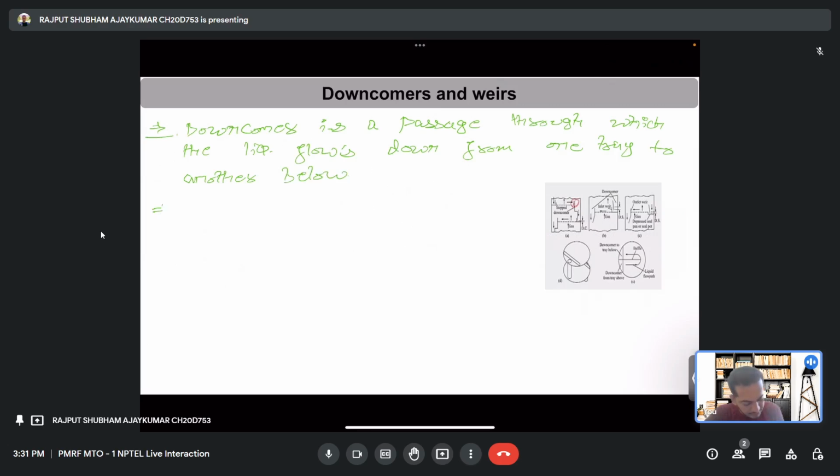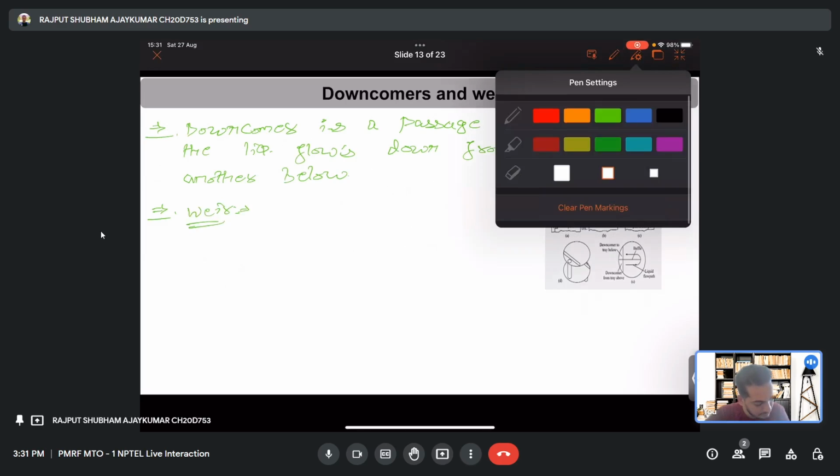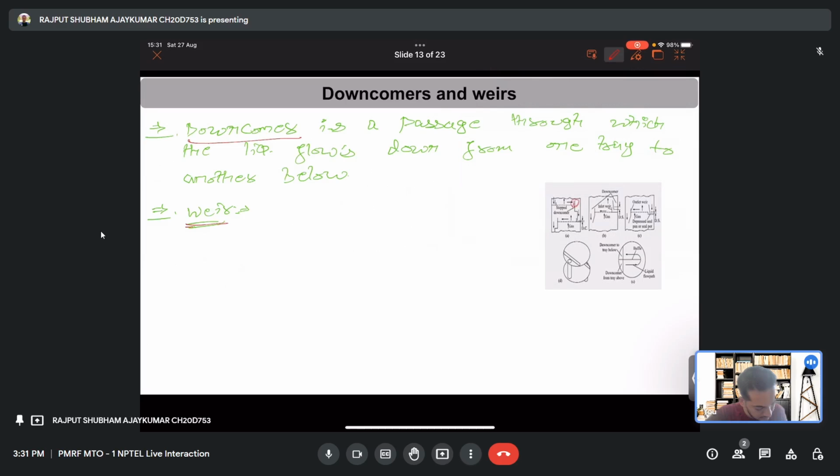And the desired depth of the gas liquid contact is maintained with the help of the weir. So weir is another term here. I'll take different colors. So this is downcomer and this is weir.